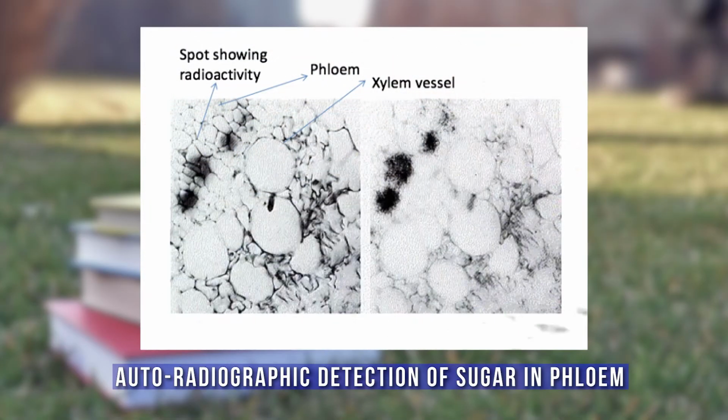And there is also another proof, where there is radioactive labeling of water in the leaf. Whenever there is radioactive labeling of water in the leaf, being the site of photosynthesis, sugar will be produced in the leaf, and this particular sugar will take that particular radioactive H. As a result, when we print it, the autoradiographic detection will be there in the phloem tissue, which definitely indicates that phloem is actually the site for sugar translocation.